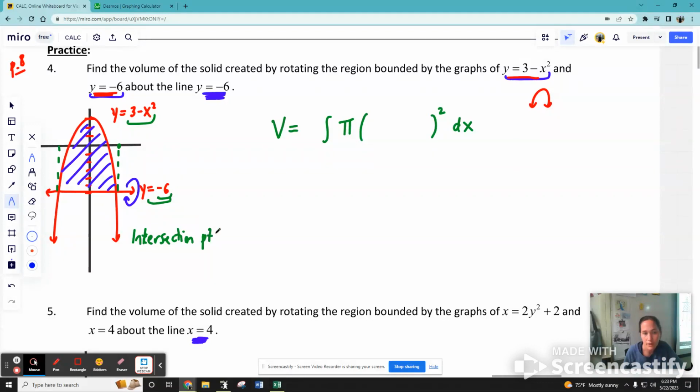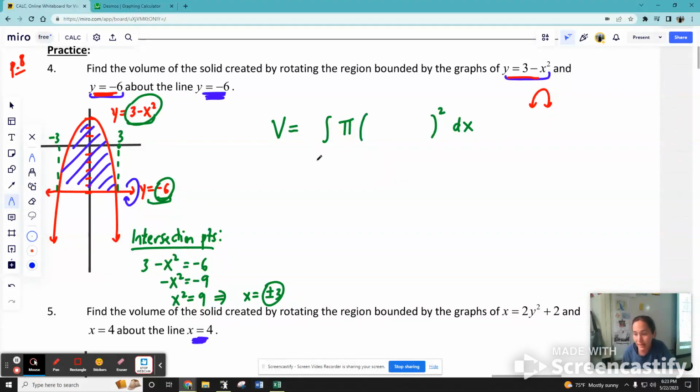We can set this expression for y, so 3 minus x squared, equal to this expression for y, so equal to -6, and solve that out. So -x squared equals -9, and you get x squared is just 9. So I like intersection points at plus or minus 3, right? At 3 and -3, and we can put those right into our integral for volume. X values are going to go from -3 to 3.